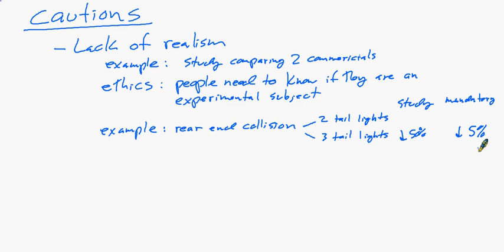After everybody had third taillights, it wasn't that noticeable, it wasn't different, so people stopped paying attention, and there wasn't as noticeable a decrease. So the study, there was a lack of realism because there weren't many cars that have three taillights, which was what the real situation was going to be in.